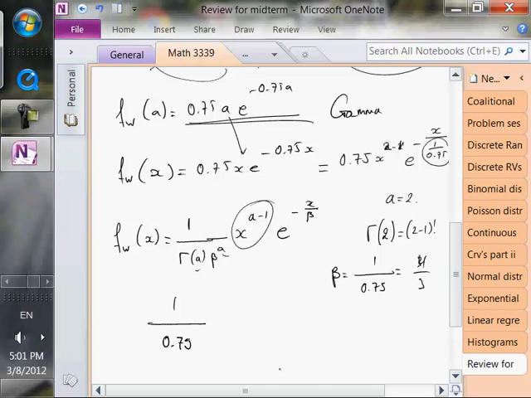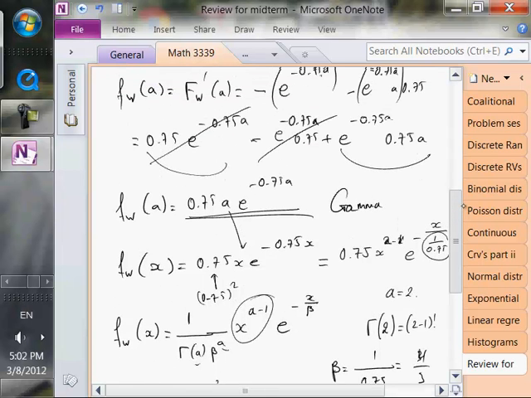So if you take beta squared, that should be this squared. So you would expect to have 0.75 squared here.